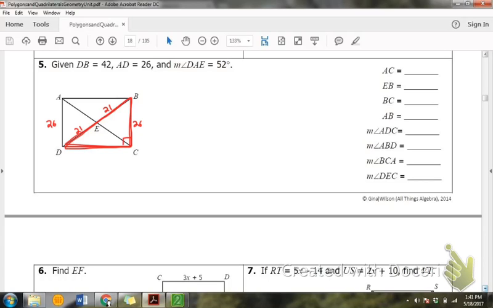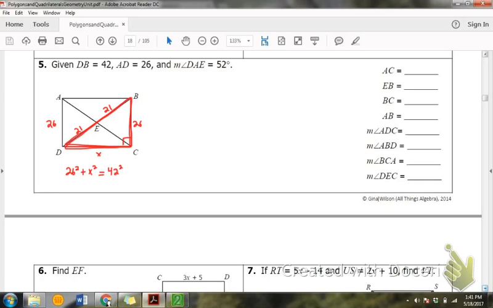But this time, we know the hypotenuse, right? We know the hypotenuse is 42. Oh, yeah, 42. Right, because we can add those back together. So we could say 26 squared plus x squared, and x is representing down here, equals 42 squared.